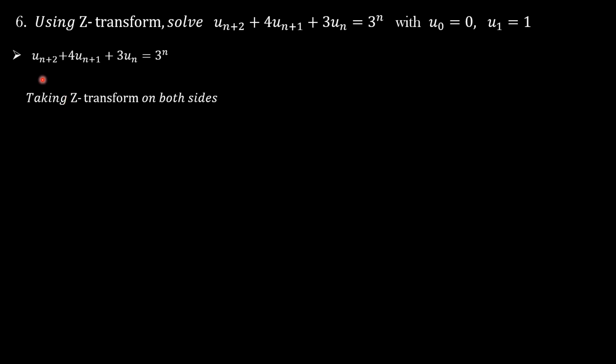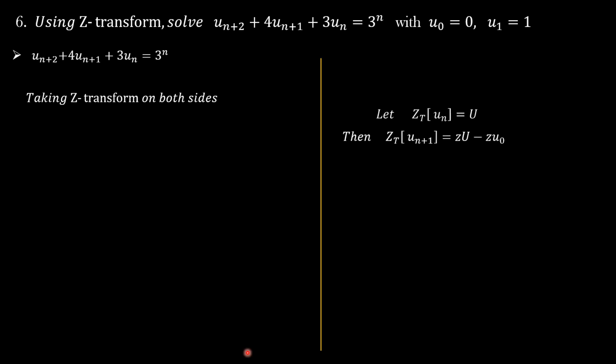That is, Z transform of u(n+2) plus 4 times Z transform of u(n+1) plus 3 times Z transform of u(n) is equal to Z transform of 3^n. If Z transform of u(n) is U, then Z transform of u(n+1) is zU − zu(0), and Z transform of u(n+2) is z²U − z²u(0) − zu(1).